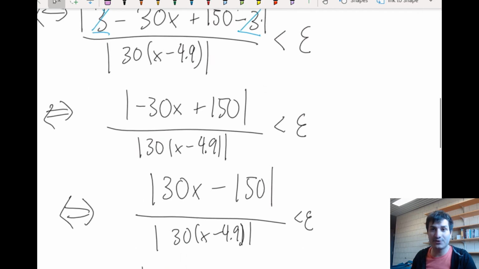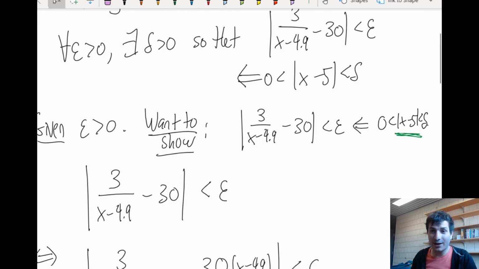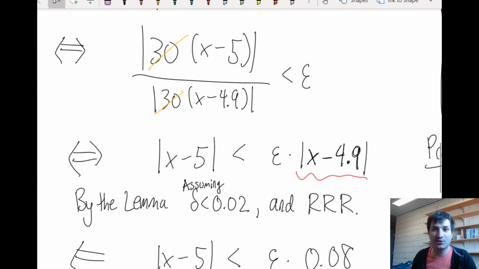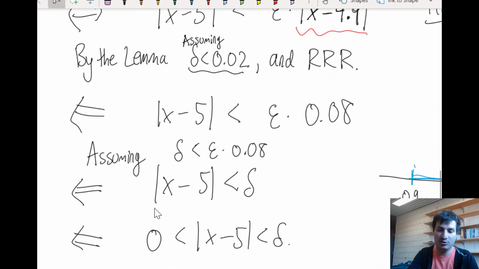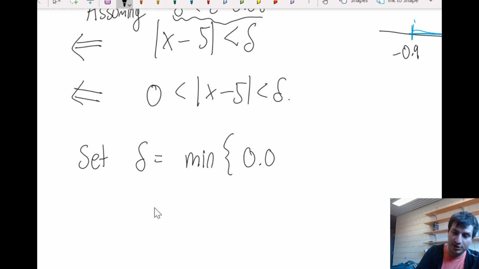Going from the hypothesis to the conclusion, there was a lot of algebra at first. I really should say what delta is. So far, what have I assumed? I have assumed delta is less than 0.02, and I have assumed that delta is less than epsilon times 0.08. So to make both work, I'm going to set delta to be the minimum of 0.02 and epsilon times 0.08.